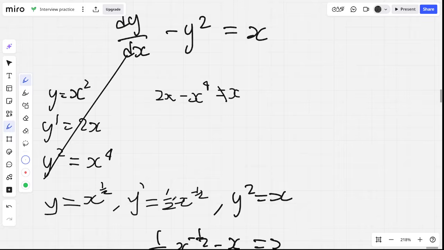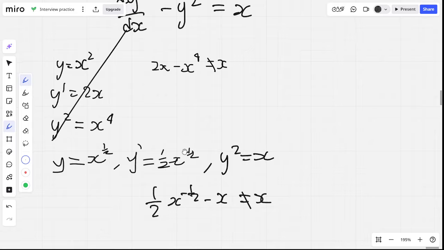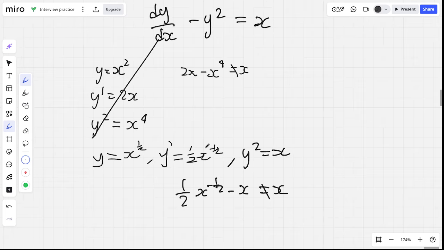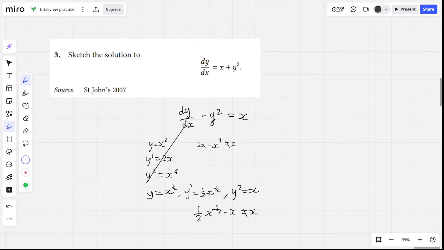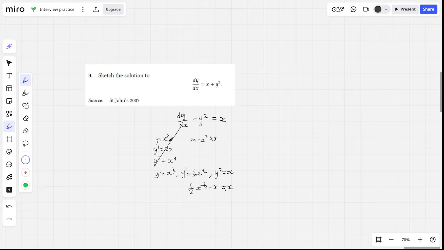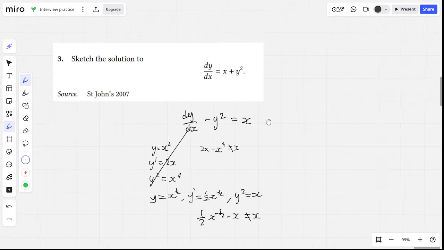This is quite tricky. I think the only thing I can do is keep on guessing. Yeah, I might have to call it a day. I am completely clueless.